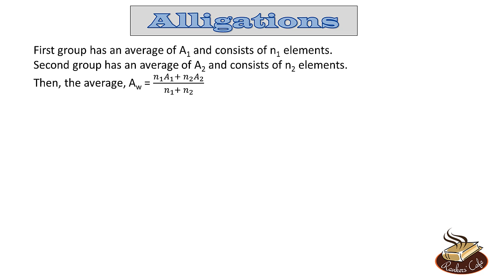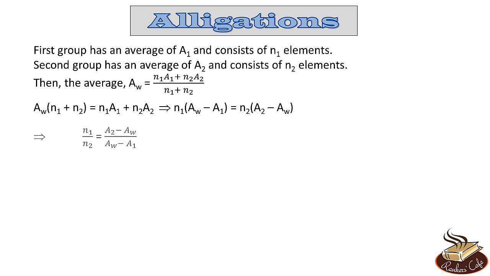By cross multiplication, we get AW into N1 plus N2 is equal to N1A1 plus N2A2. Now bringing all the terms of N1 on one side, we get N1 into AW minus A1 is equal to N2 into A2 minus AW. So N1 by N2 is equal to A2 minus AW upon AW minus A1.